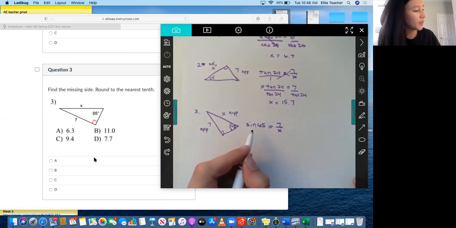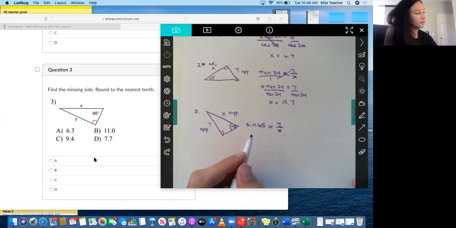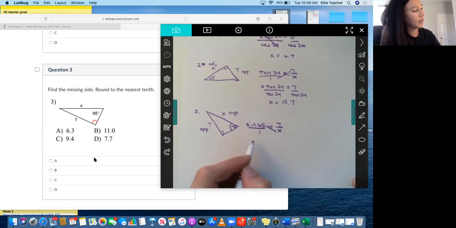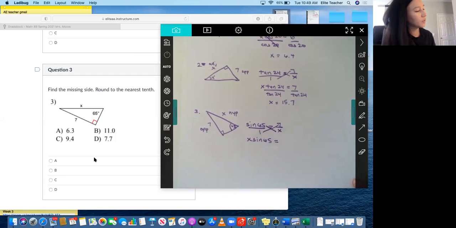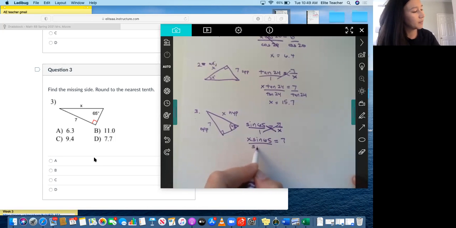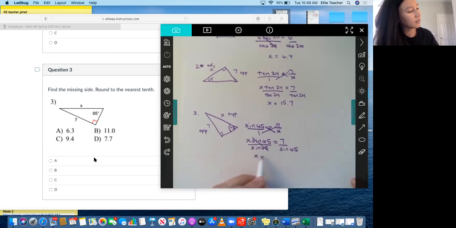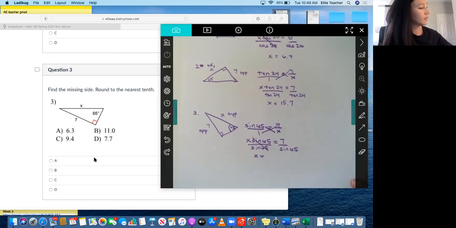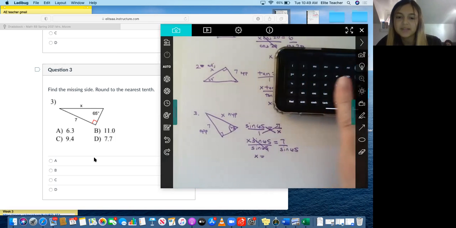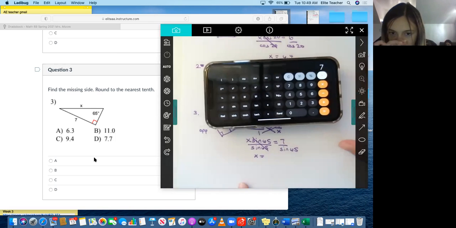Perfect. Then what do I do? Cross multiply. Yep. Equals 1 times 7. Yep. Then what do I do? And then you divide it by itself. Yep. And then you get, wait, do you put the 7 in first or the sine 65?